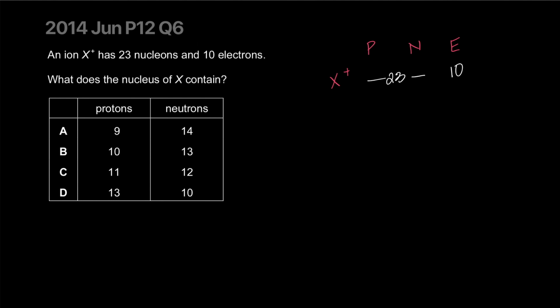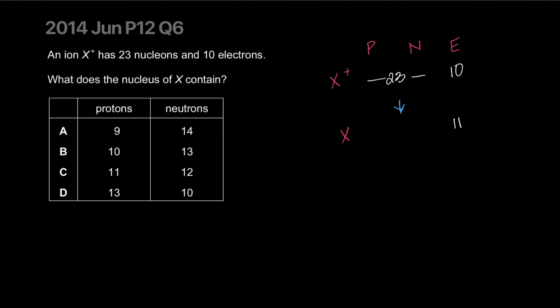So if I move down and I have just X, well, I'm not changing its nucleon number at all, so it'll still remain 23. That looks like 23 to you guys, but it's gaining 1 electron because it doesn't have that positive charge anymore. And this is the atom, right?